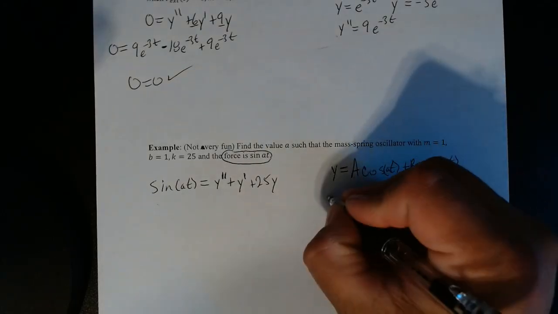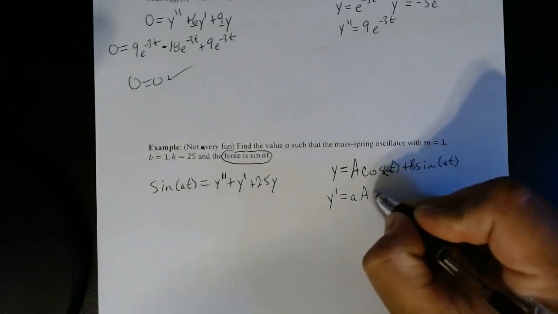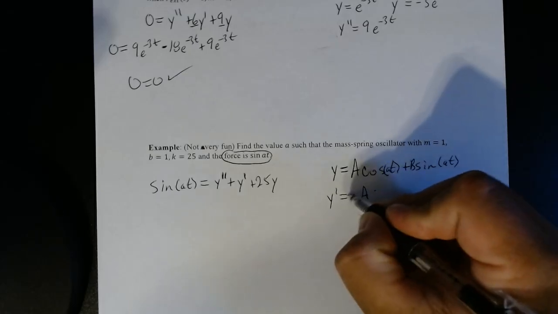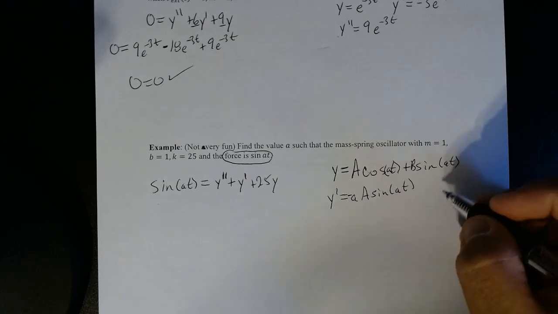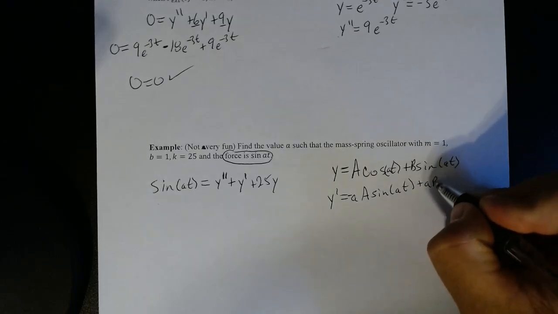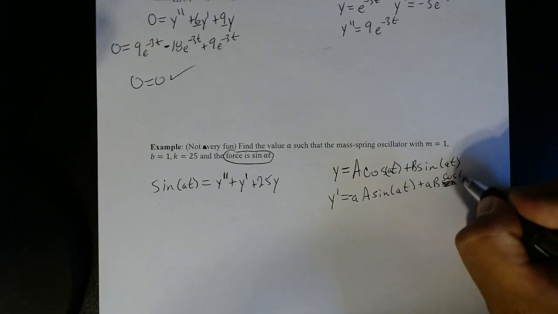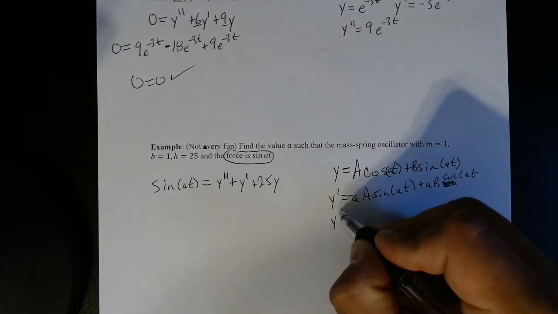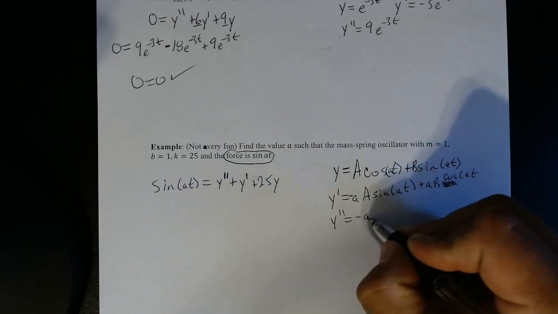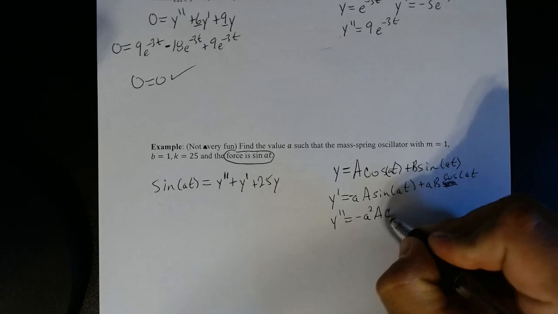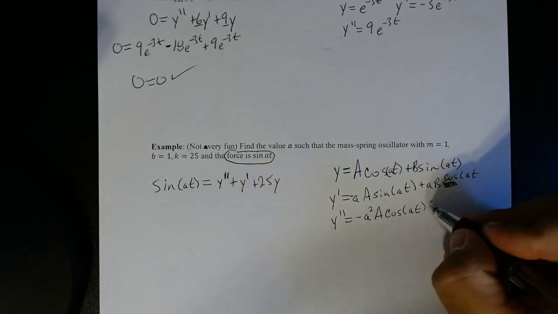And now if we just take the derivative twice, negative, sorry, this is positive. And then take the second derivative again, and this becomes negative.